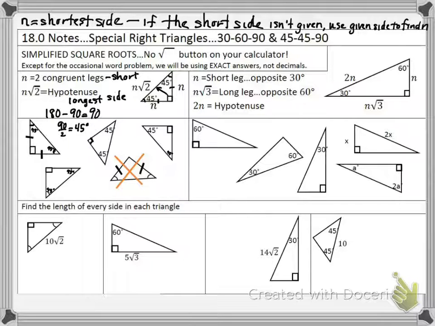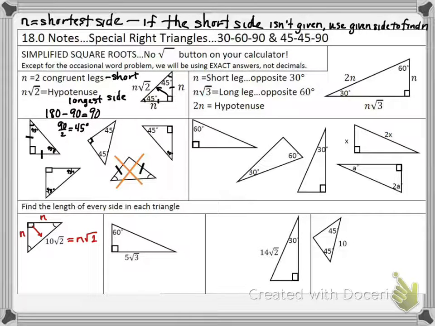So I'm going to say the hypotenuse. Let's look at the short side first. I always want to know what the short side is. These two are the same size. They're both the short side. And the hypotenuse is the short side times root 2. I know that's the hypotenuse because it's opposite from my right angle.